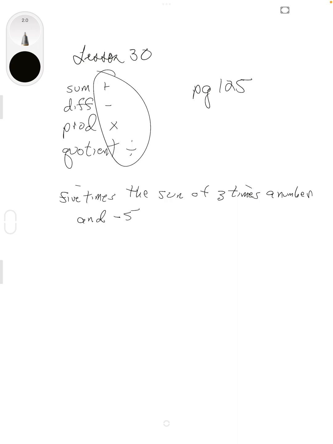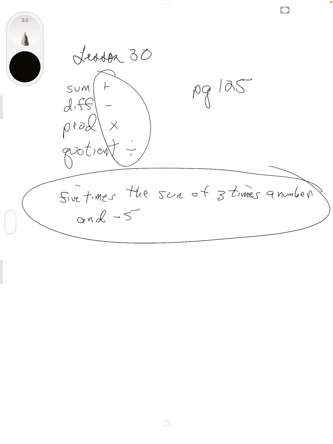So what this is asking is, take this and turn it into a math equation. In this case, it's not an equation because there's no equal. If it says is, remember, is means equal, something, well then you solve it. In this case, you're just writing one half or one side of the equation.